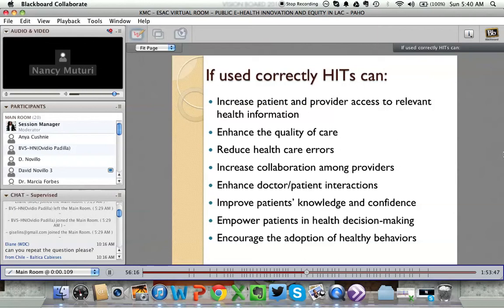So if used correctly, ICTs or HITs do have a huge potential in increasing providers' and also patients' access to relevant health information. It is very important to have that access, because once the patient has the information, they are able to ask the right questions.